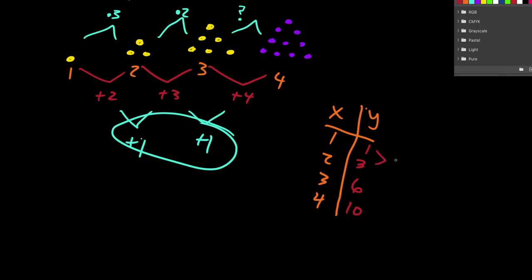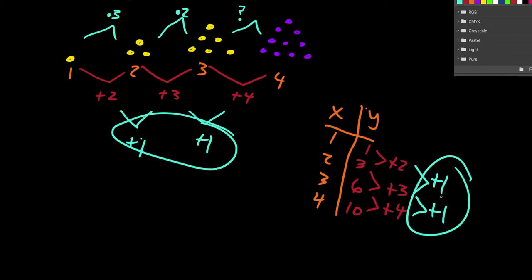And if we look at the secondary difference, we get a 1. So this is what we're looking for with quadratic. If the secondary difference is the same from part to part, we say that that's quadratic.